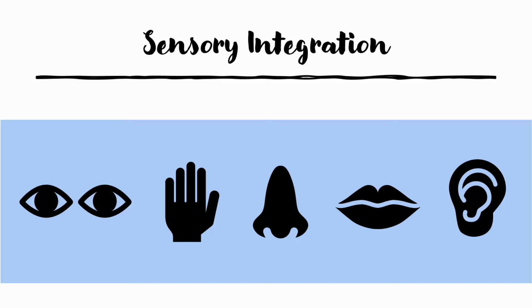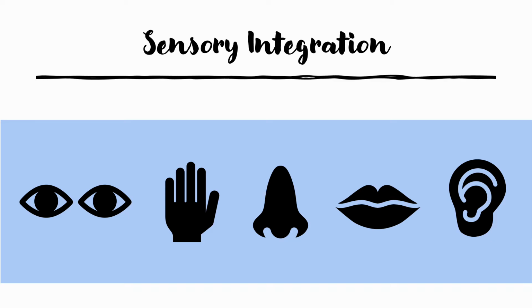Sensory integration is a theory and frame of reference that explains how we neurologically interpret the sensory information our bodies receive, whether it is auditory, visual, tactile, olfactory, gustatory, proprioceptive, or vestibular.